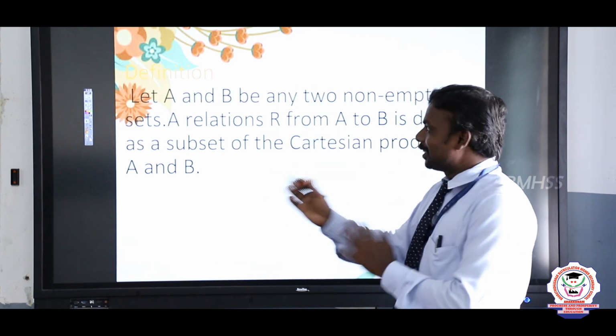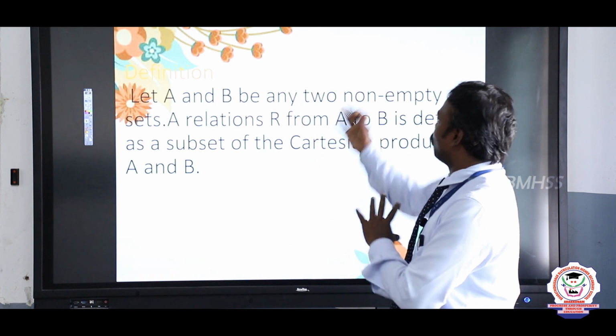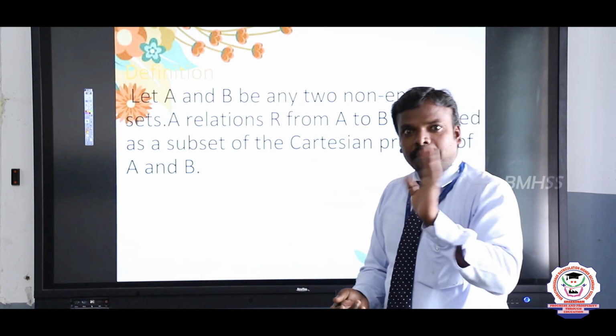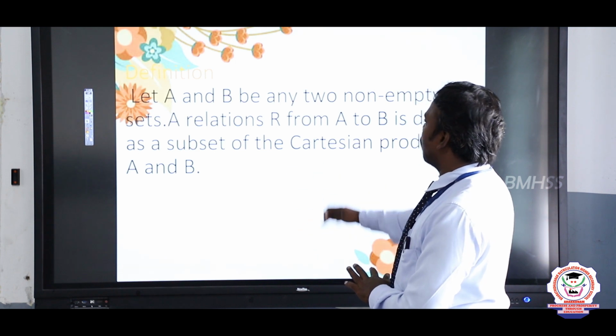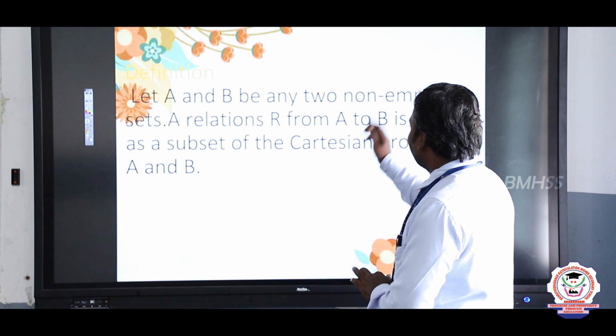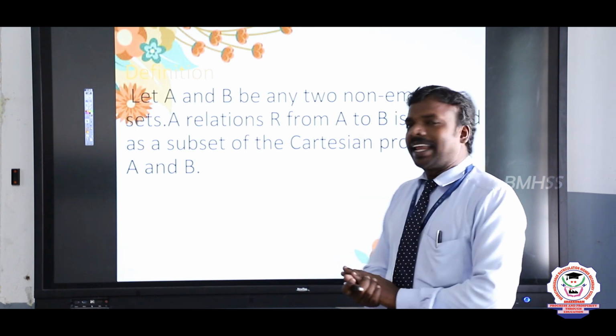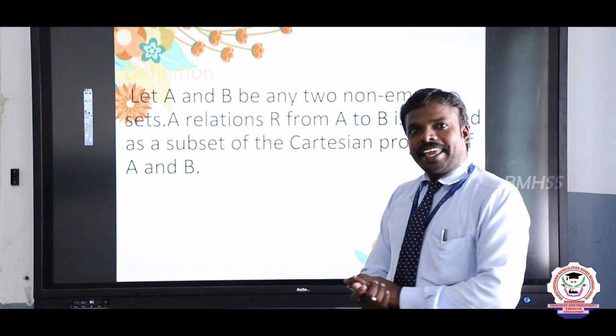In mathematics, let A and B be any two non-empty sets. A and B must be non-empty sets, and a relation, always denoted by R, from A to B is defined as a subset of the Cartesian product of A and B.